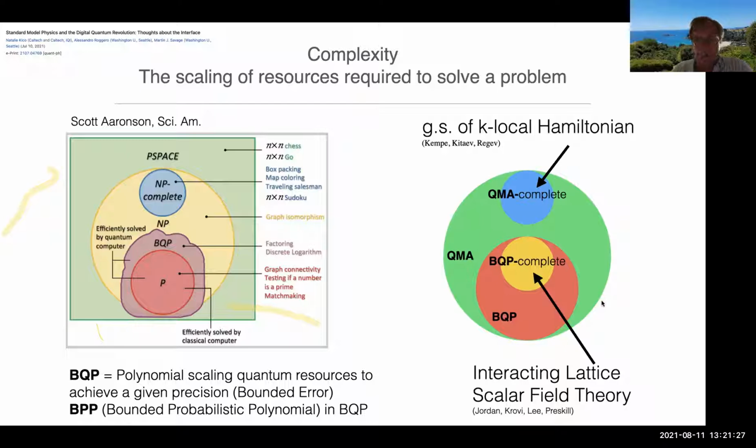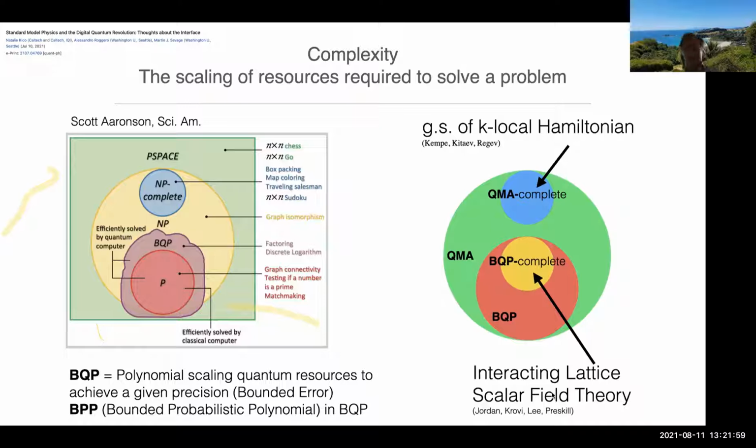A couple of really important results for the standard model: interacting lattice scalar field theory is BQP complete, which means this can be simulated efficiently, including in the presence of external classical sources, using a quantum computer. It also means that all of the problems that are in BQP and can be addressed efficiently through quantum simulation are related by polynomial resources to interacting lattice scalar field theory.